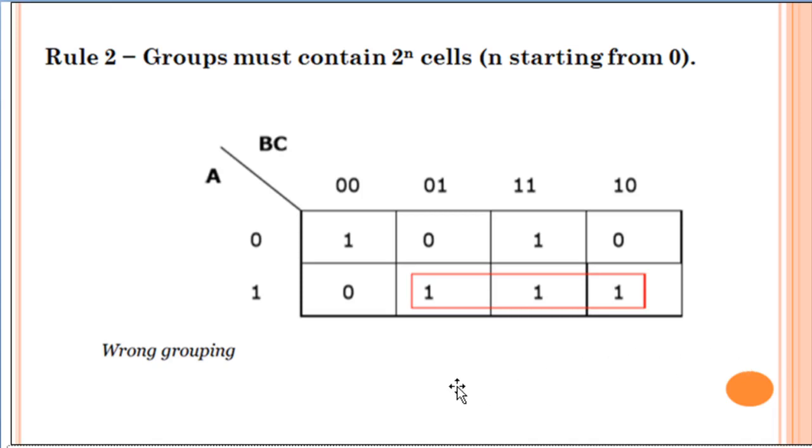That means we have to group cells in numbers of 1, 2, 4, 8 and 16, and this n totally depends on the number of variables of the given function. That means if we have a function with 3 variables, we can create at most a group of 8 cells.